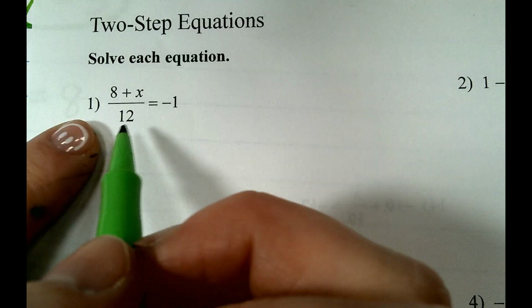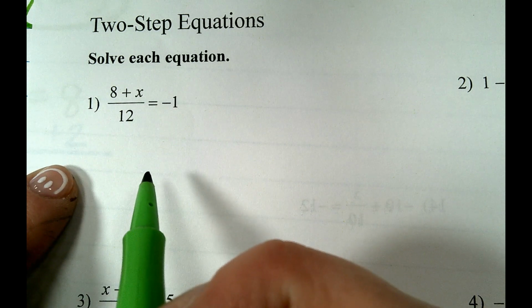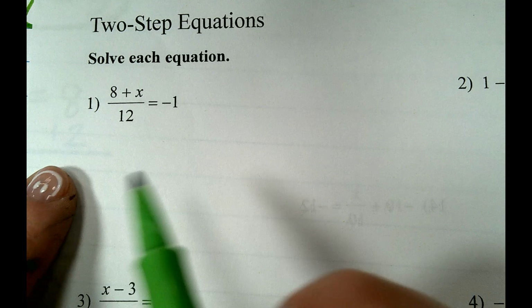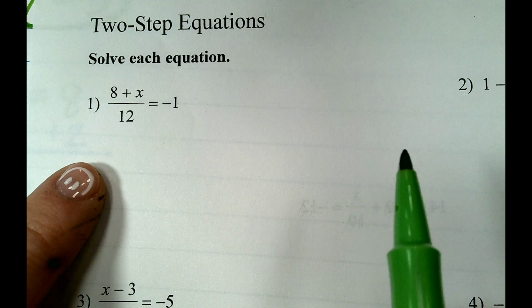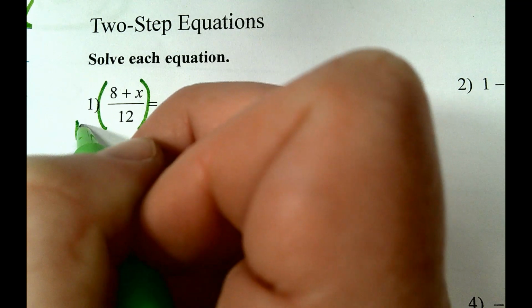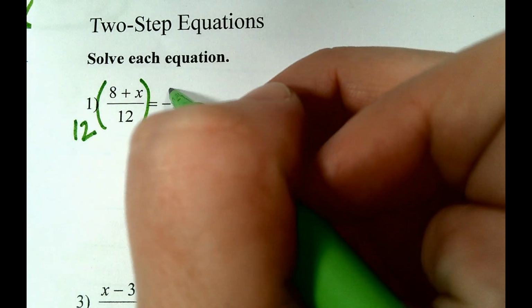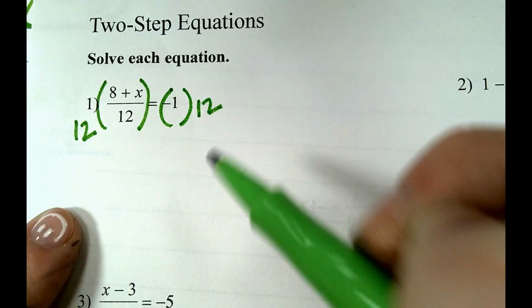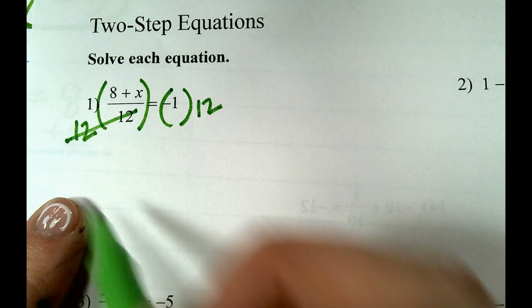In a scenario like this, we actually need to get rid of divided by 12 first. So, how would I do that? What's the opposite of division? Multiplication. So I'm gonna multiply by 12 here. And I do it to the other side as well, don't I? Perfect. Okay, and my 12s will cancel.